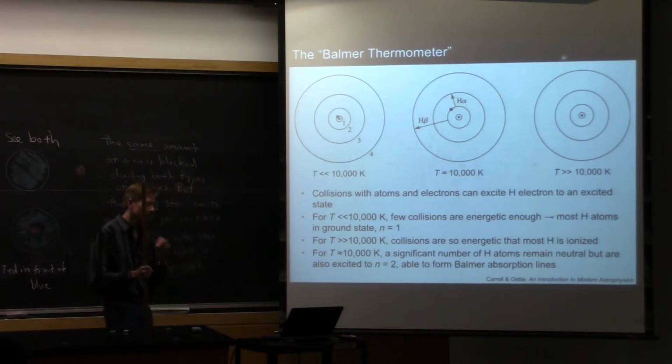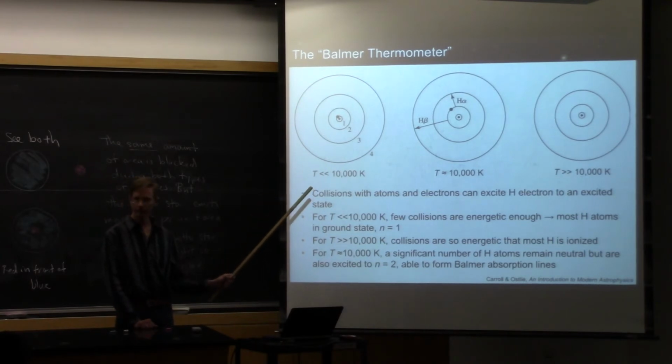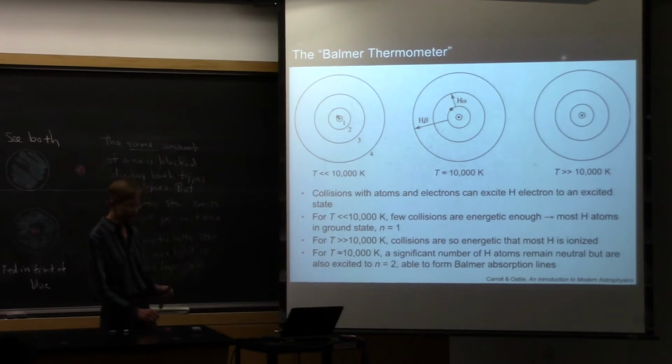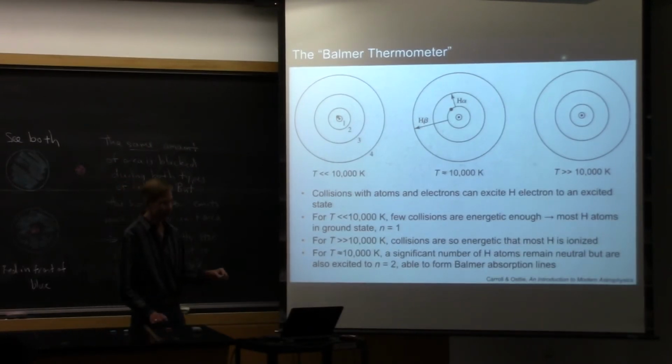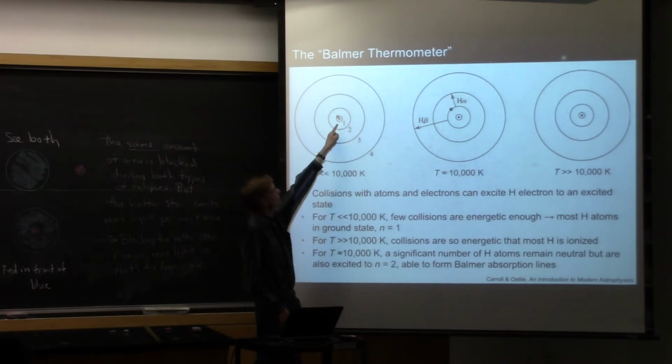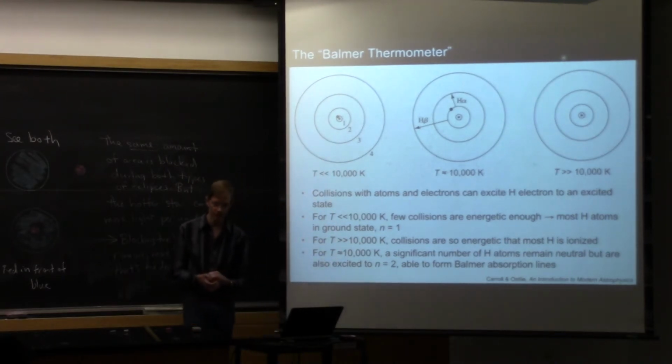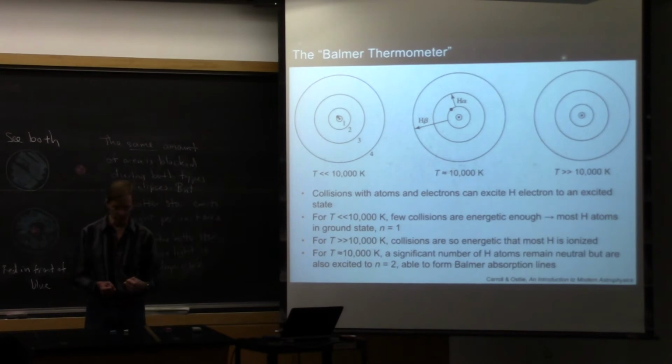Well, Goldilocks and the 3 stars. So Goldilocks wanted a star with nice, strong hydrogen spectral lines. So the first star she went to was too cold. And so it didn't have strong spectral lines of hydrogen. Why? Because one way to get electrons excited out of the ground state is via collisions. And remember that the temperature of a gas, or any substance for that matter, is a measure of how fast the particles are moving.